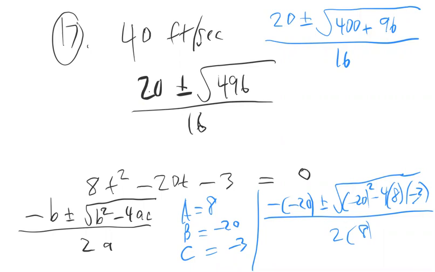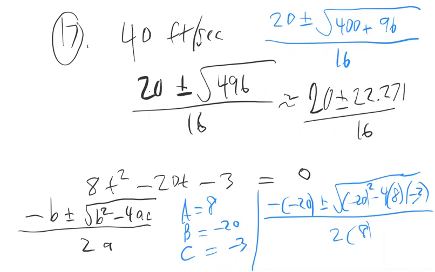The square root of 496 is 22.27. So it's approximately equal to 20 plus or minus 22.271 over 16.